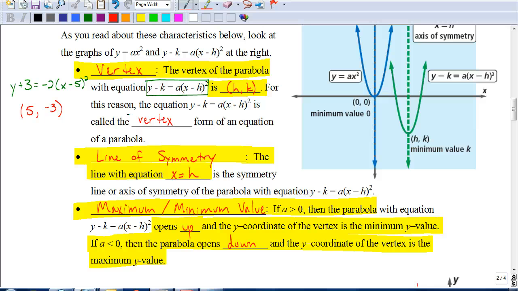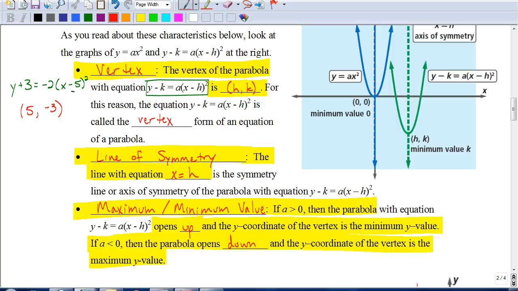Well, the reason is, look at the equation. It's x minus the value of h. So it's x minus 5. That gives me my value for h, the x part of my vertex, as a positive 5. And for the y, my equation says y plus 3, but in my formula it needs to be y minus the value of k. The only thing that would make that positive is if my k was negative.